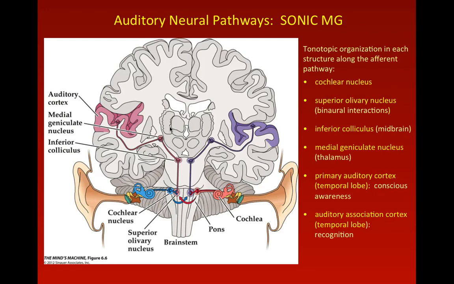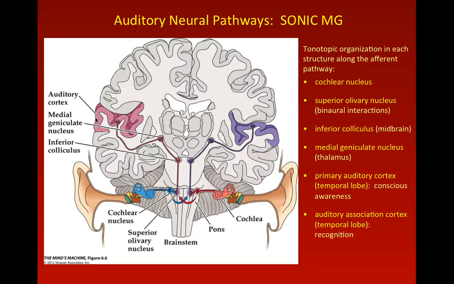From there, neurons in the medial geniculate nucleus of the thalamus will relay the information finally to the primary auditory cortex in the temporal lobe. There's one, of course, on each side. When the information arrives and is processed by neurons there, the sound information will be processed, you'll become consciously aware of what you're hearing, and you will be able to recognize what you're hearing.